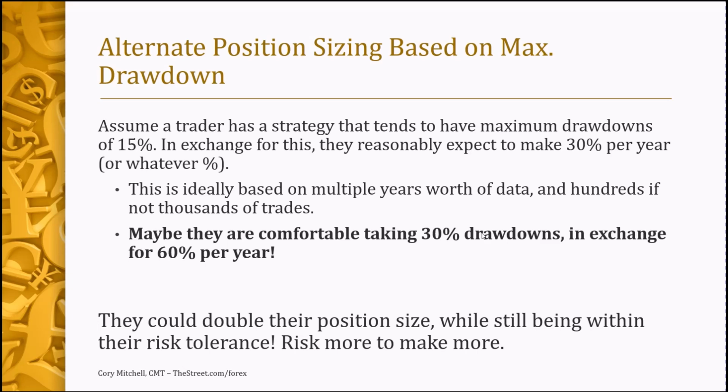These can be anything you want, 5%, 15%, pick the number, but the point is, you need to know what the strategy you're using does. Go through your own trades and look at what your worst period was before it recovered. That's your maximum drawdown. If you look at your investments, what was the biggest downswing in your account? That's your maximum drawdown. And then what can you reasonably expect to make?